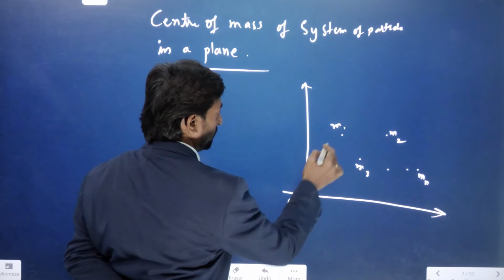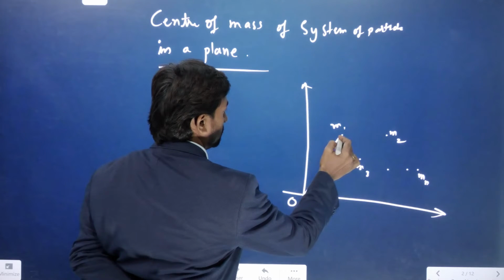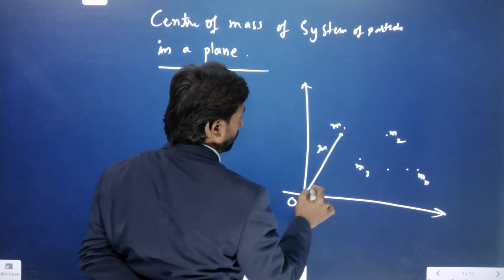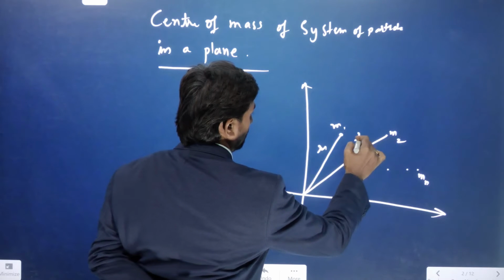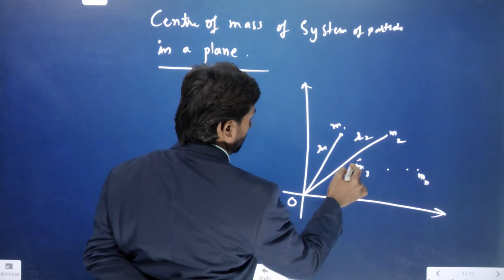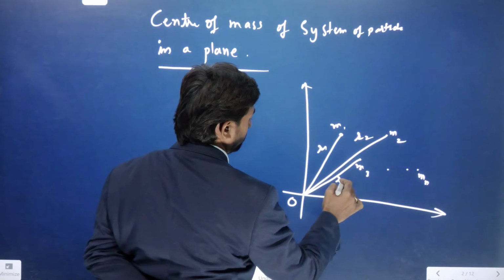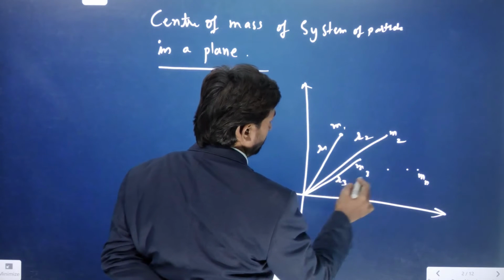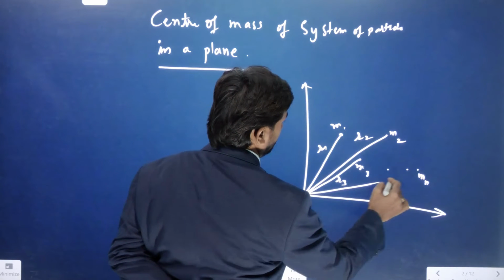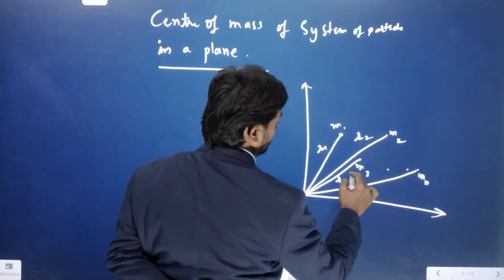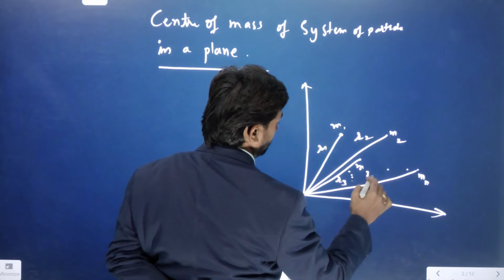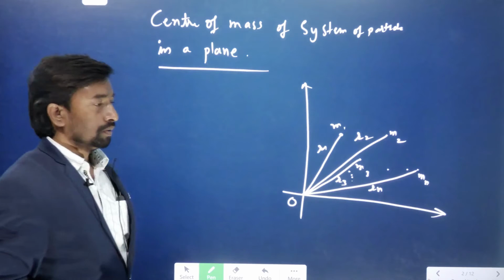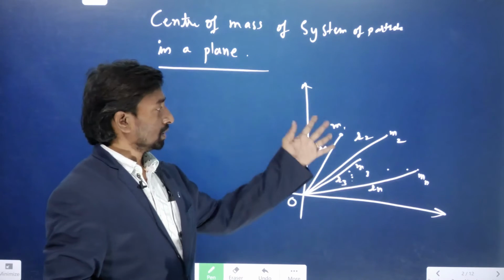The first particle is at a distance r1, the second particle at a distance r2, the third particle at a distance r3, and so on up to rn. Like this, the system of particles is distributed in the plane.